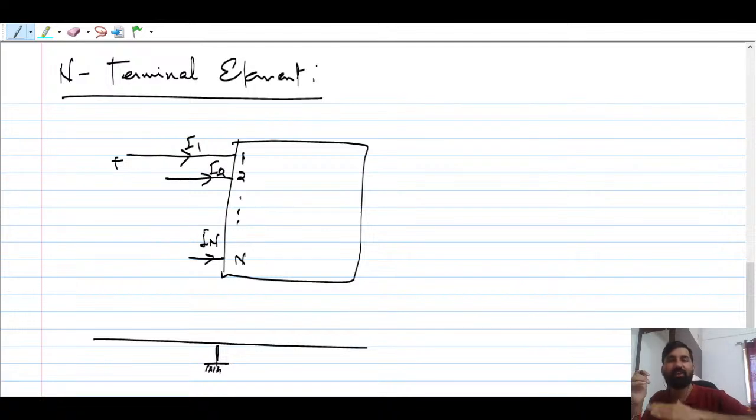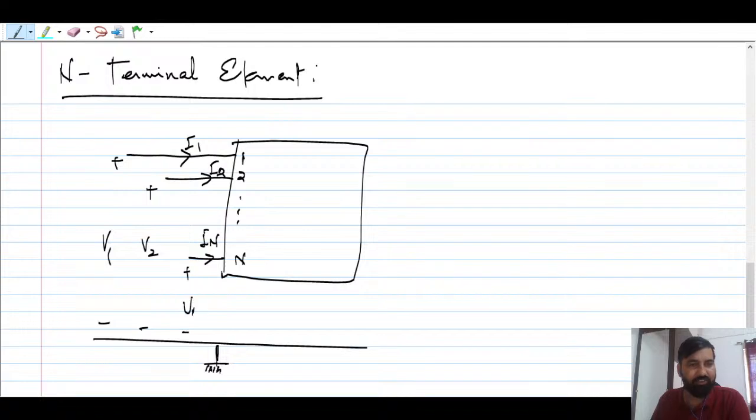The reference is very, very important. You can take ground as the reference; that is one of the best readily available references. So for the first terminal, the voltage appearing is V1, for the second terminal V2, and for the last terminal Vn. I hope it makes sense.